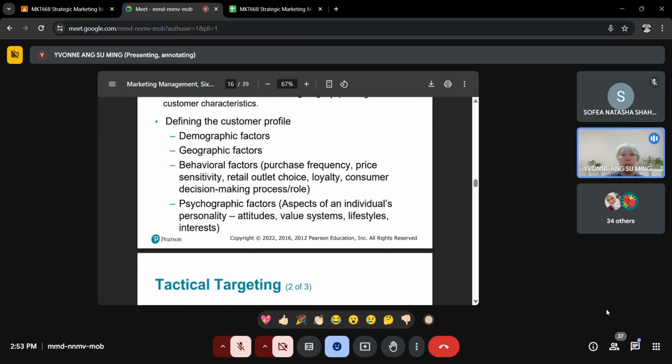Okay. Now, behavioral factors, I know that most of you have learned this many times. Dah banyak kali you belajar. But sometimes, I do see that students, they're confused sikit tentang behavioral punya factors. Dia tak sure lah. They have an idea. Memang all of you have a idea of behavioral punya factors. But sometimes you're not certain.